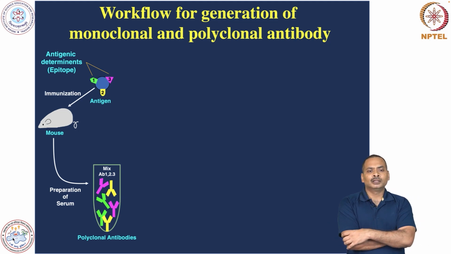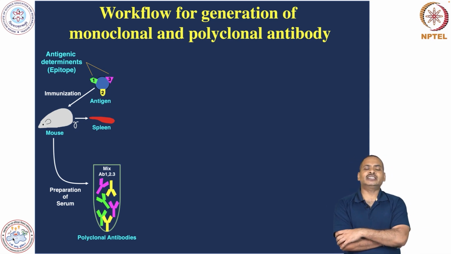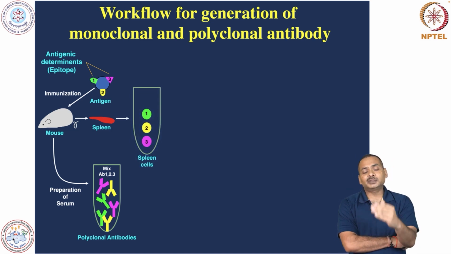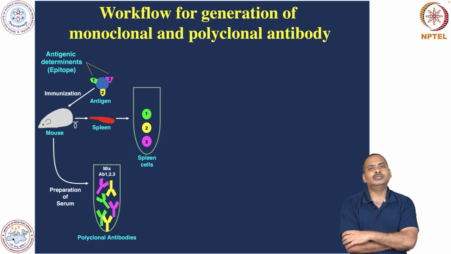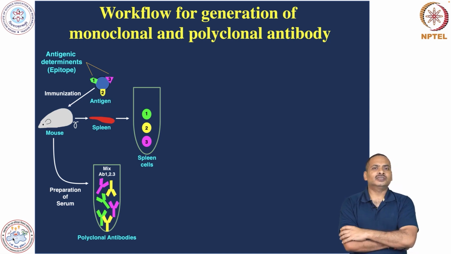The workflow is: you immunize the mice, and when the mice show a very good titer of antibody, you sacrifice the mice. After sacrificing, you take out the spleen, which contains the B cells, each making a particular kind of antibody.